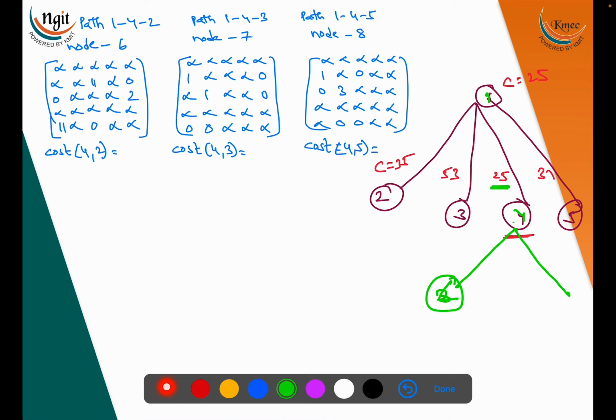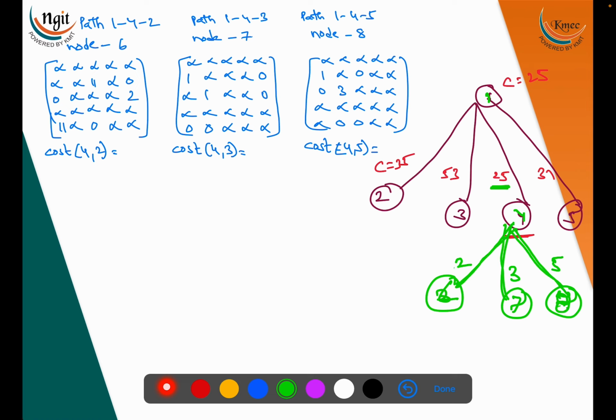Let's assume node number 6 is 7, and take this as 7. So what is node 6 describing? He is visiting from 4 to 2, from 4 to 3, from 4 to 5. So now find the cost of 4 to 2, 4 to 3, 4 to 5.